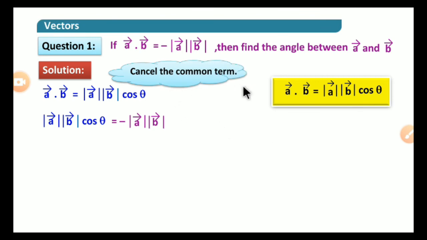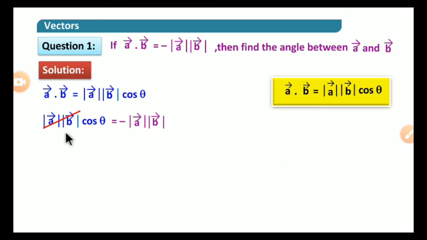Now cancel the common term, so that we can cancel here magnitude of A into magnitude of B. Here also we can cancel magnitude of A into magnitude of B. Then the remaining is 1, so that cos theta is equal to minus 1.